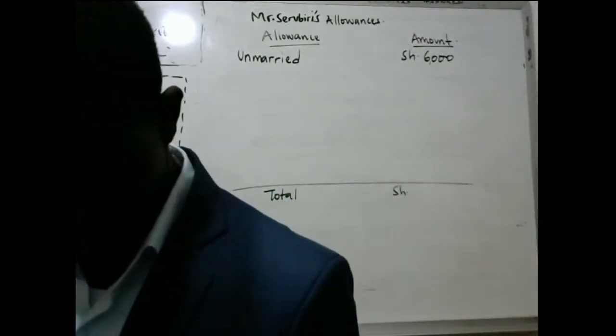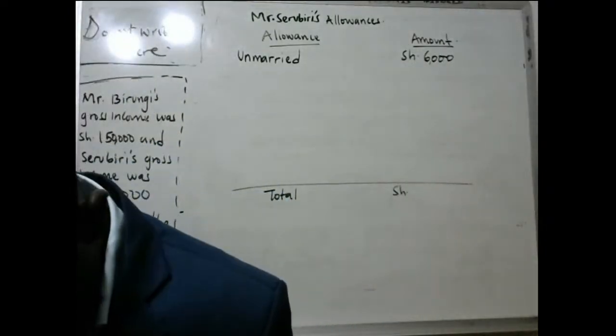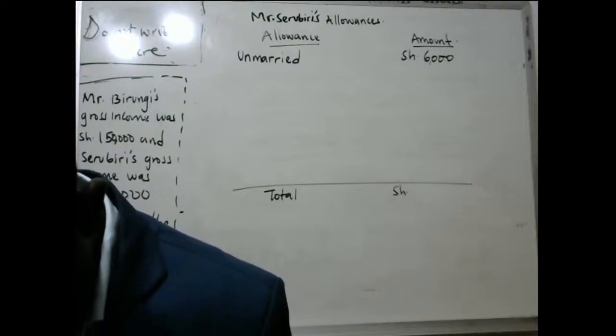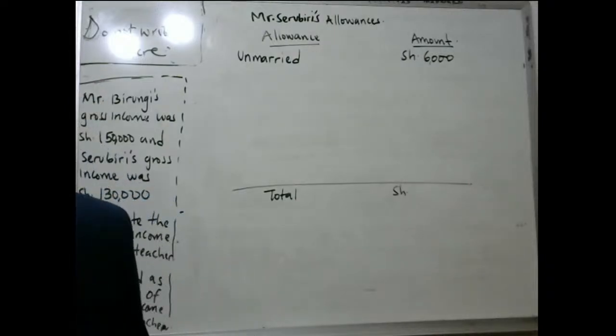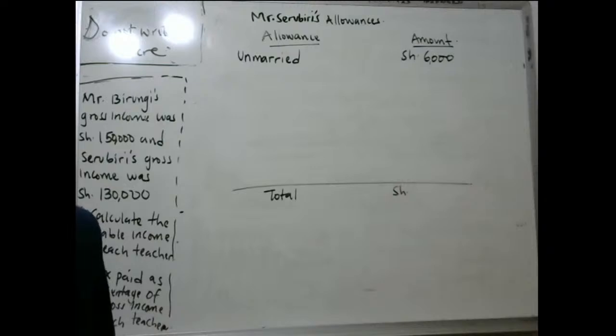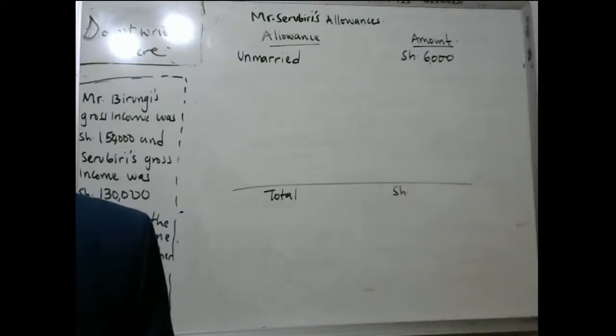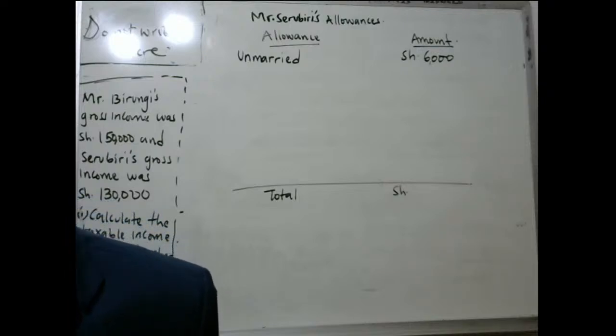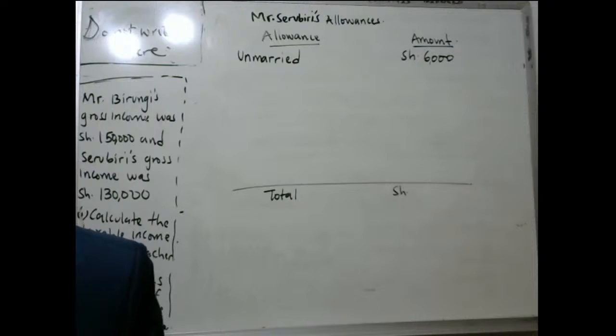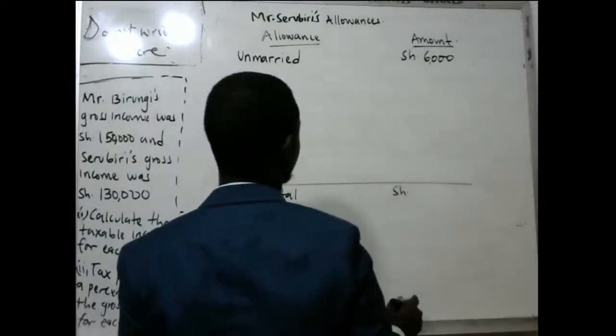Continue. Mr. Serubiri is single but has 2 children. If he has 2 children, these children are entitled to allowances because they didn't tell us that the children are supposed to be from a legal marriage. Not so. He has 2 children under the age of 10 years. Each child under 10 years gets 2,500.